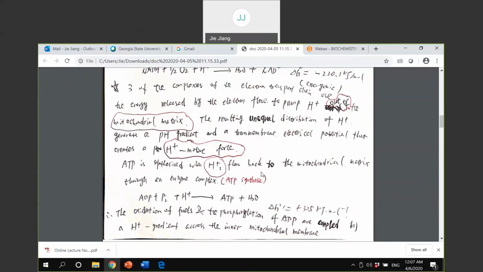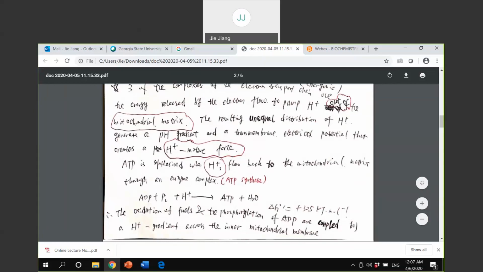Basically, the ETC, the electron transport chain, is coupled with ATP synthesis. In order to synthesize ATP from ADP, you have to make sure the electron transport chain works well.